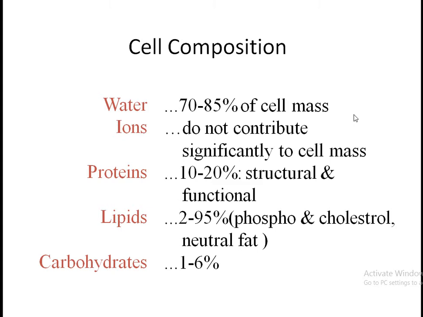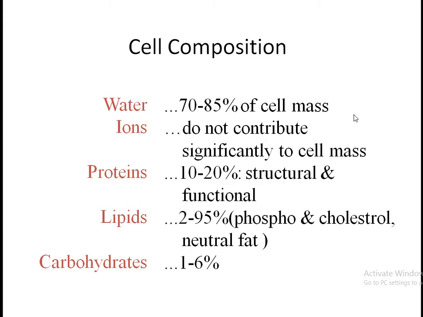The next thing is the lipids. There are several types of substances that are grouped together because of their common property of being soluble in fat solvents. Especially important lipids are phospholipids and cholesterol.